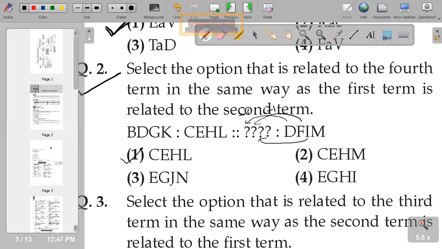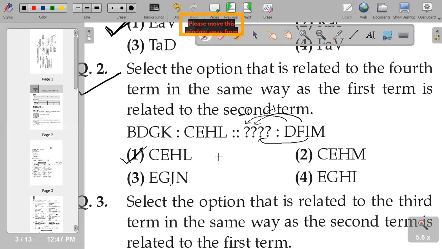So the first option will be the correct one. We will not kill our time in examination to check the other options. If we get success in getting the clue of the alphabets, then we will just consider the two options.